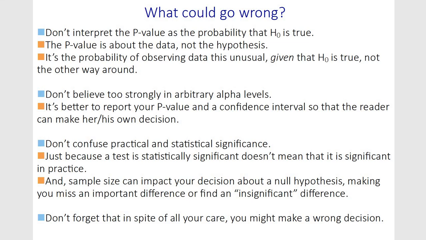All right, so this is what could go wrong. Make sure you pay attention to what you're doing. It's all about the words. You put all your info, you write it all down, your p-value, and you still might make a wrong decision.